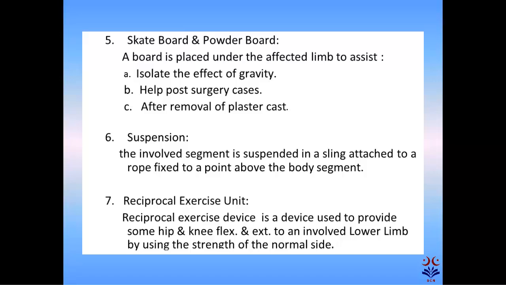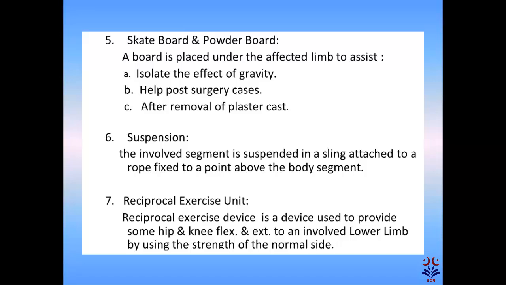After removal of plaster cast, where there was a plaster cast over the limb, the muscles undergo weakness, and after removal of the cast, the muscles are unable to complete the range of motion because they were immobile in the plaster cast for a period of time.